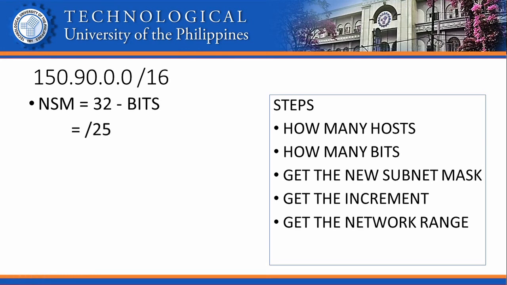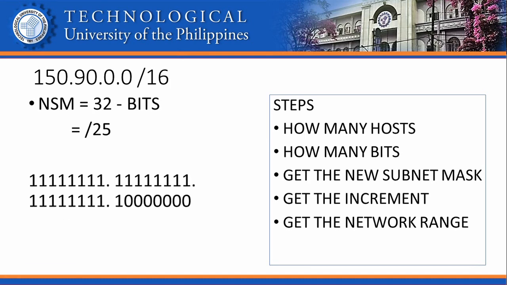Okay. So, kunin natin yung long format, is 255.255.255.128. Bakit 128? No? Looking at the last octet na may value, saan siya nag-1? Doon. No? So, 128 plus 0 plus 0 plus 0. So, 128 lang siya. Okay?